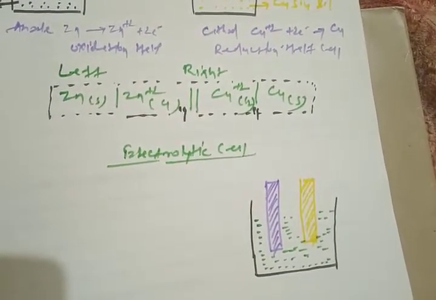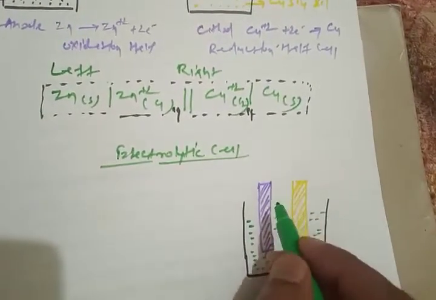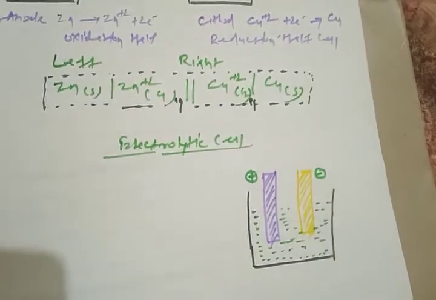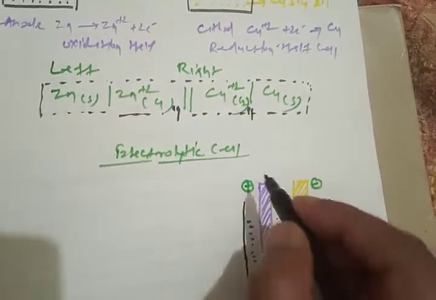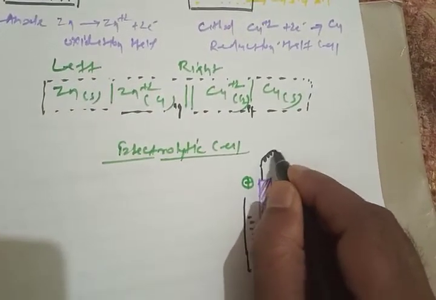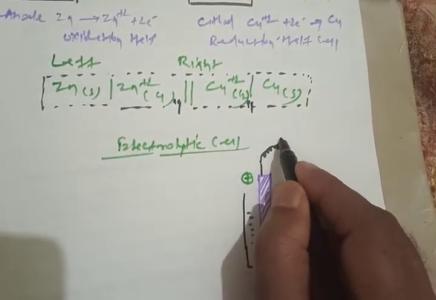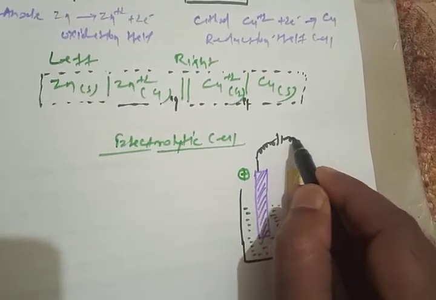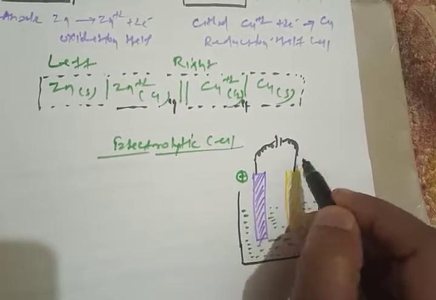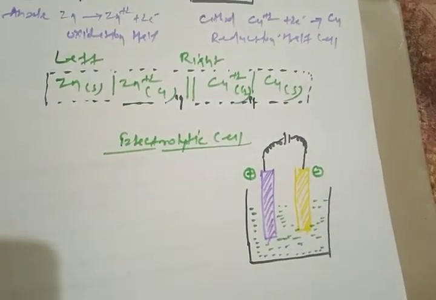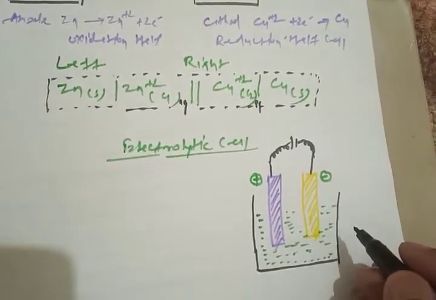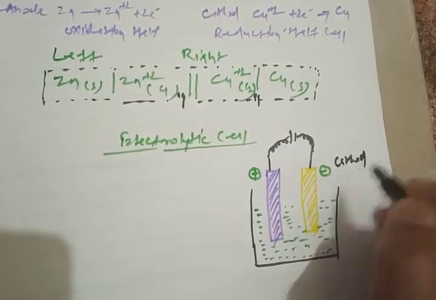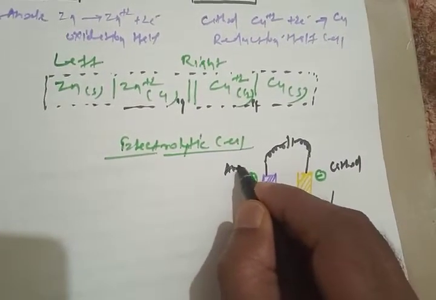Here this is a positive charge and this one is the negative charge. The battery is from where the supply is given. So this negative is cathode, and positive is anode.